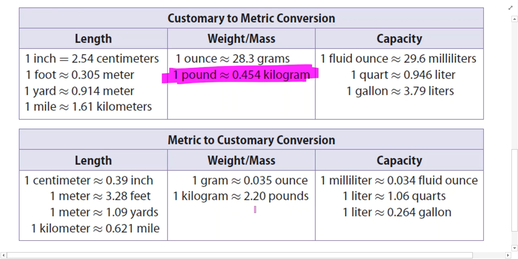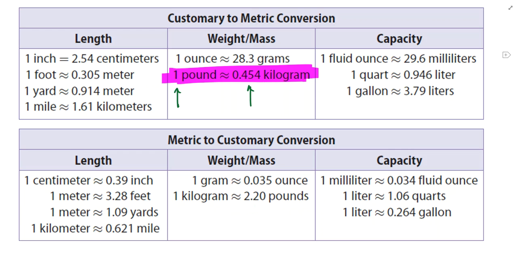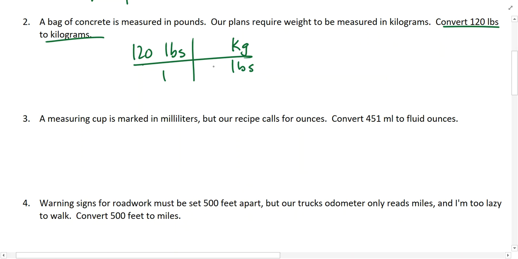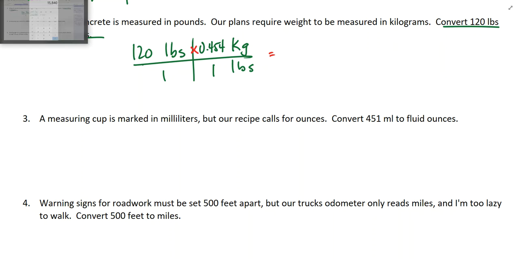So let's start with this one at the top for a second here. We've got 1 pound is the same as 0.454 kilograms. So I'm going to put 1 pound, 0.454 kilograms. That's what our conversion factor said. Now with these T-charts, the math requires us to multiply the top row together.